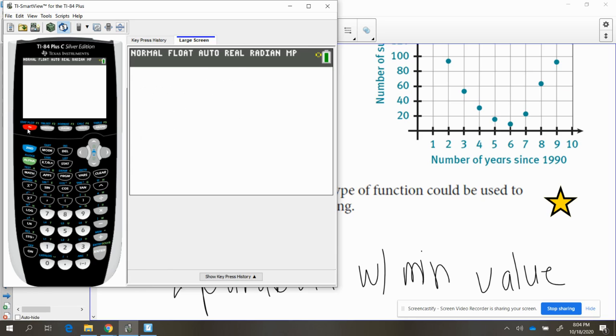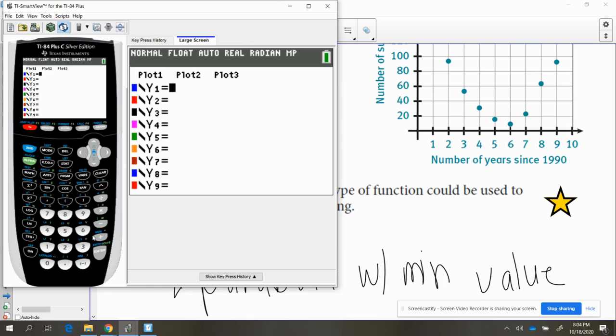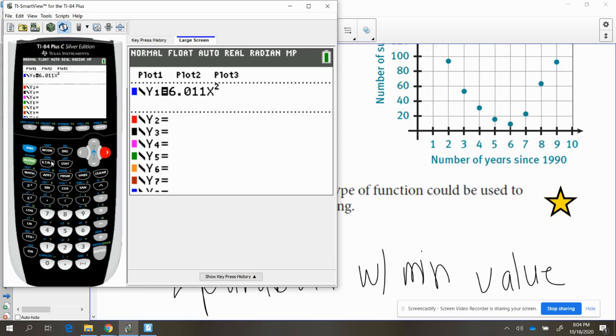And if we type this in, we end up with 6.01x squared minus 67.513x plus 204.